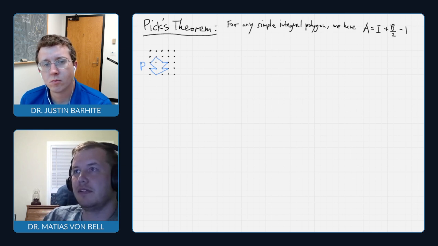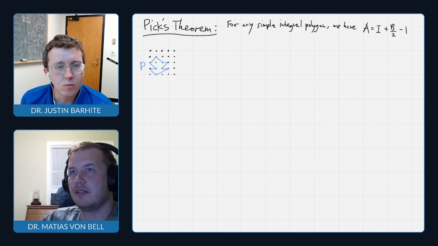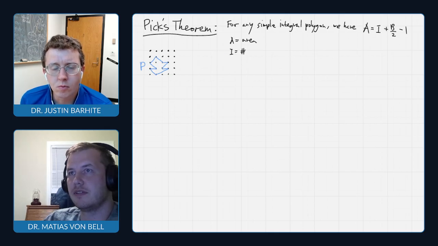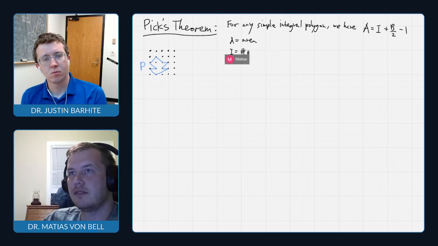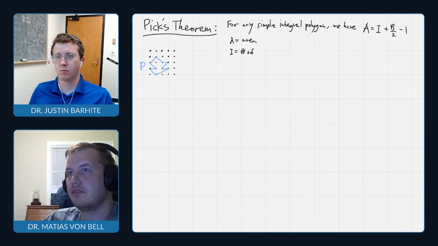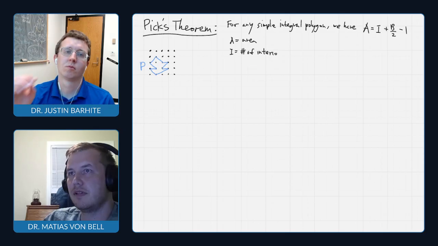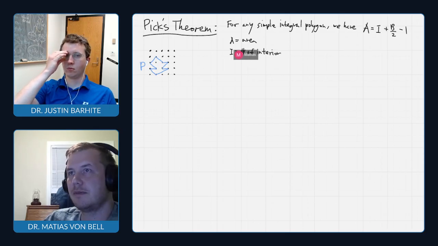We're going to do an example in a little bit, but just to spell out what everything is: A is for area. I is, and I use this notation as a combinatorialist, the number of interior points, and I should say interior lattice points.